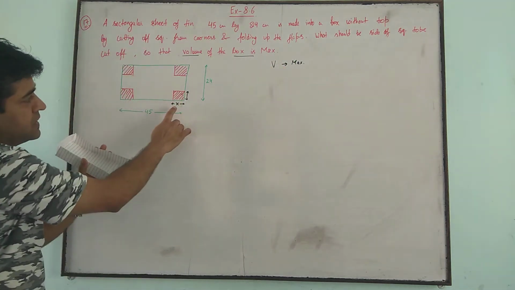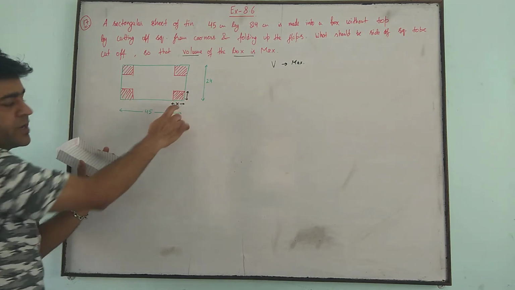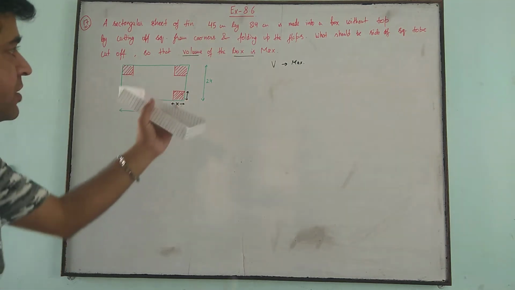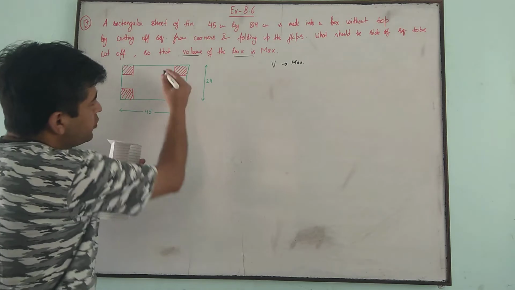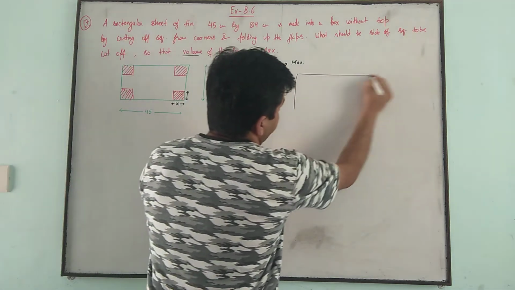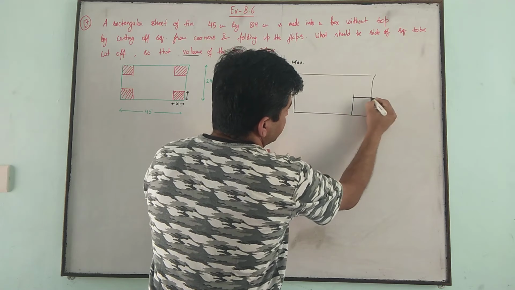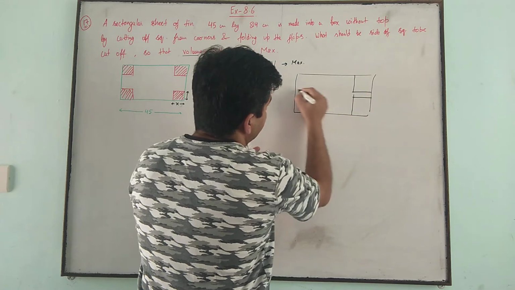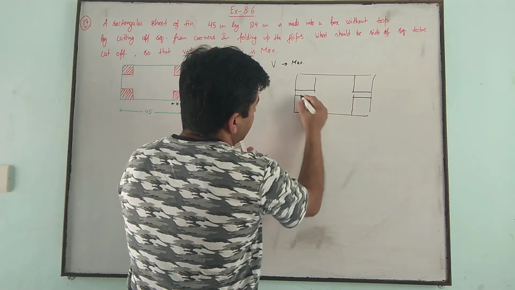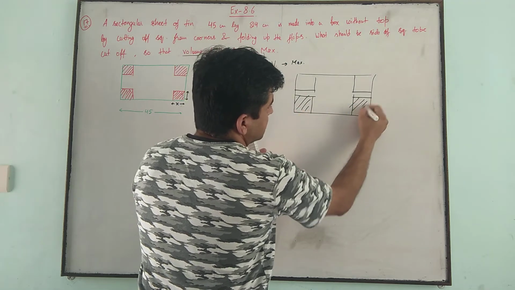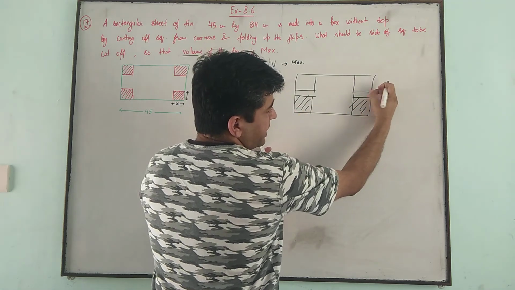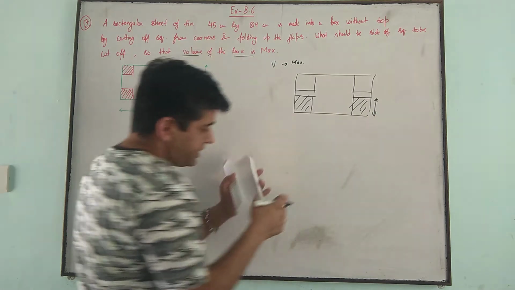What could be the dimension of this square to cut? As volume of the box must be maximum, suppose we are cutting it like this from 45 by 24. If we are cutting more than this, then its width will be very less, and what will increase?